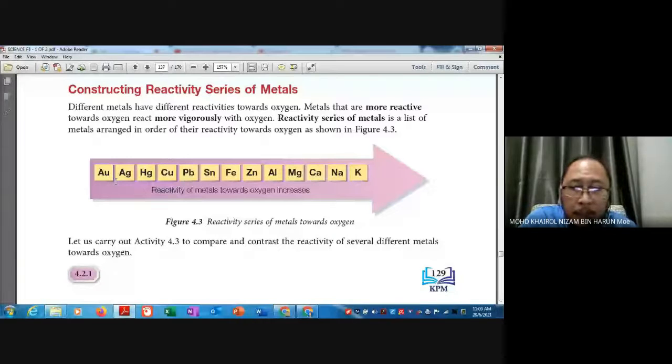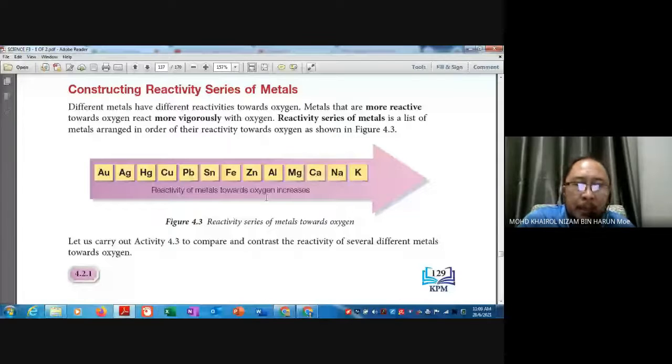Based on the reaction of these metals toward oxygen, we can know which metal is more reactive and which metal is less reactive.